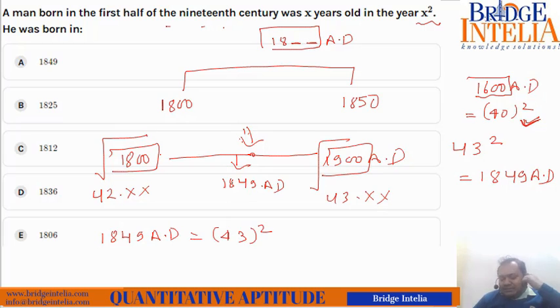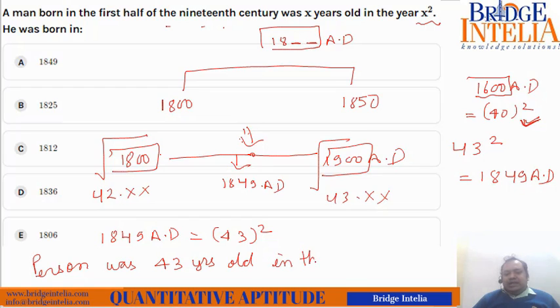So it means that the person was 43 years old in the year 43 square AD, which is 1849 AD.